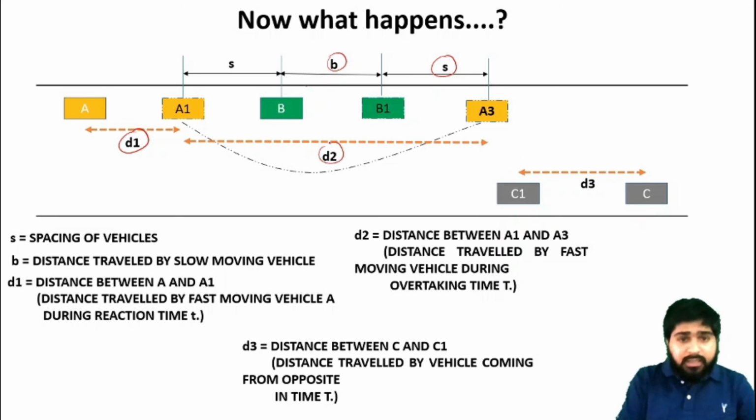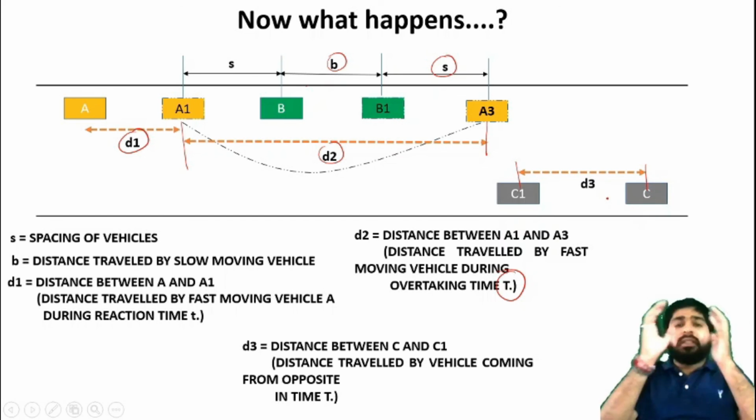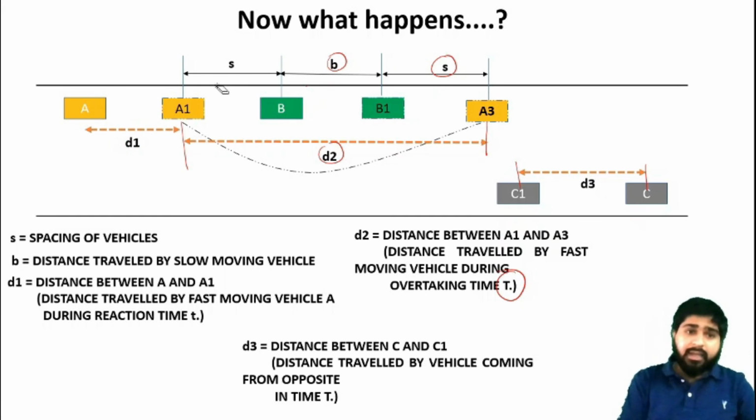The D2 distance is the distance between A1 and A3, means the distance traveled by the fast moving vehicle during overtaking time of capital T. And the D3 is the distance between point C1 and C, means that is the distance that is covered by the vehicle C, which is coming from the opposite direction. So this is how it can be understood. Let us understand the concept once again so that you have no confusions at all.